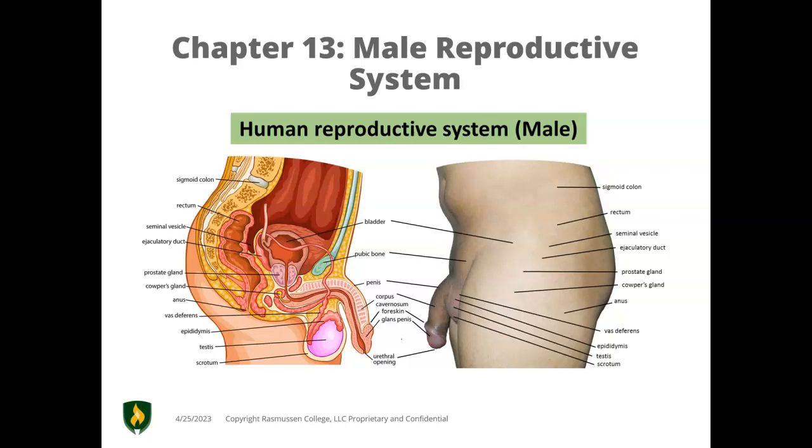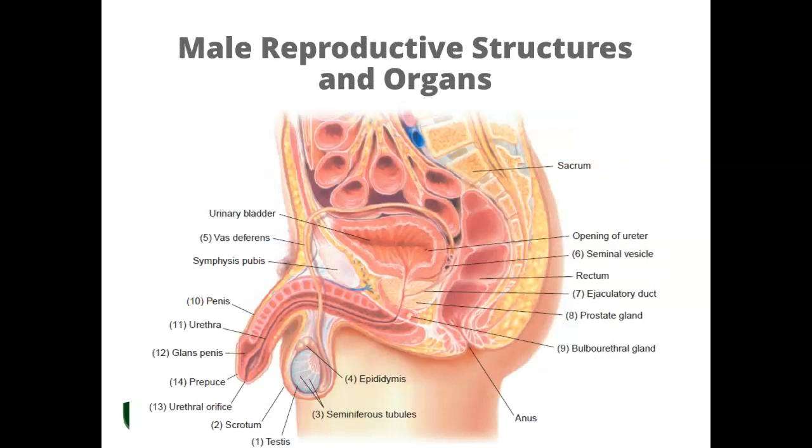It's also responsible for the development of secondary male sex characteristics. When we talk about the male reproductive system, the structure and organs consist of 2 testes and then the external sac called the scrotum.